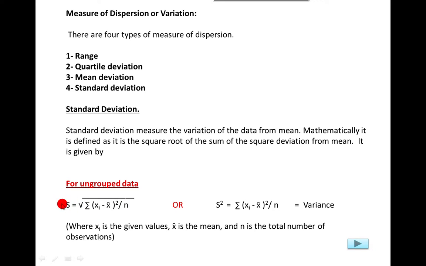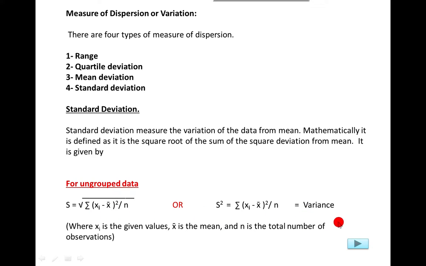If you take square of this term, the root sign will be cancelled, and it is called variance. This is the variance. Sometimes in some methods we use the variance, like F test, etc. And standard deviation and variance are approximately the same. You should take square of this term, it will be variance. Formula is same, we use standard deviation or variance according to the requirement.